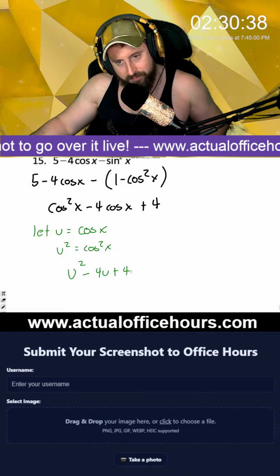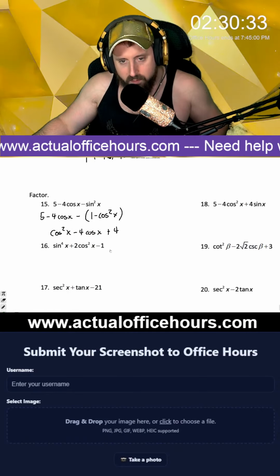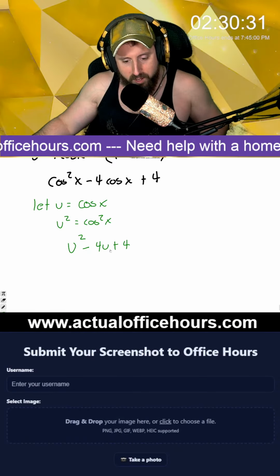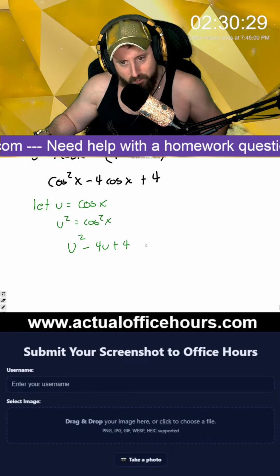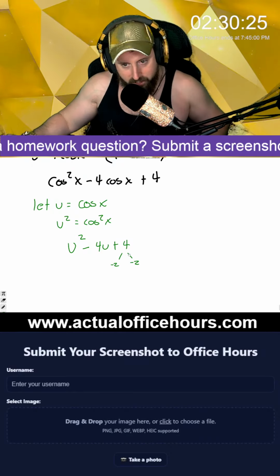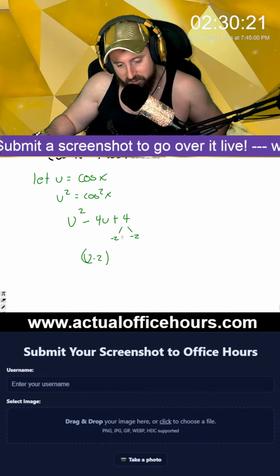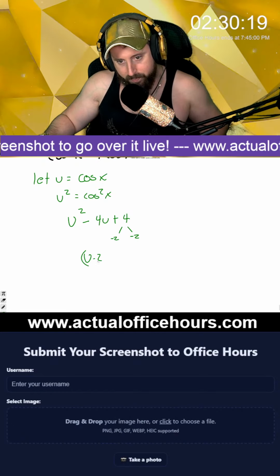And to factor, oh, interesting. What multiplies to 4 but adds up to -4? That's -2 and -2. Nice. Good job, lineatrix. So this becomes u minus 2 times u minus 2, which is u minus 2 squared.